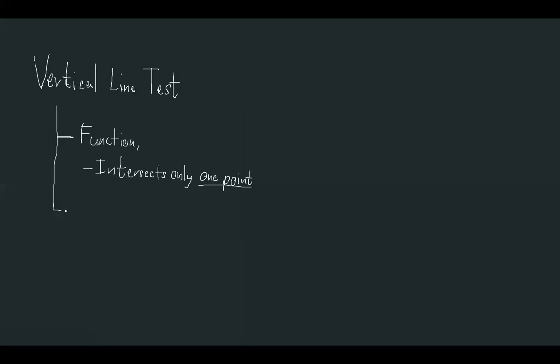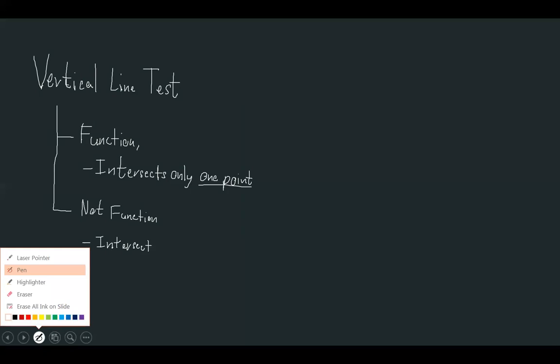But what if the result is not a function? Then that means the vertical line intersects, forgive my handwriting, let me fix that.